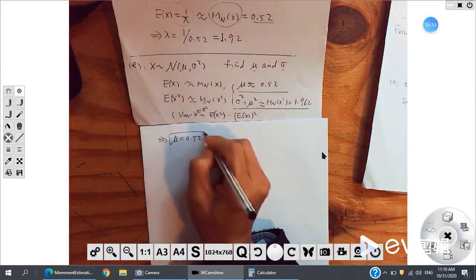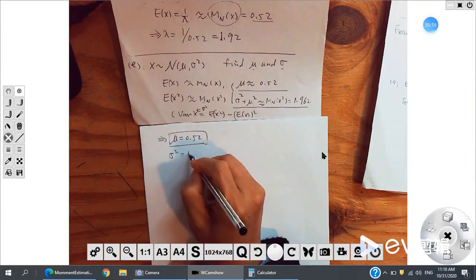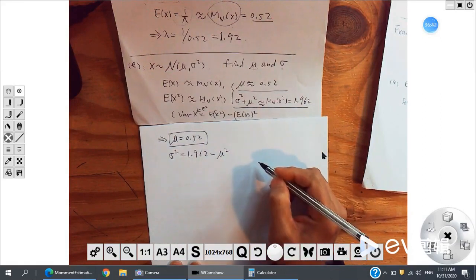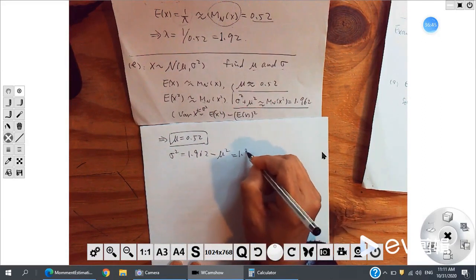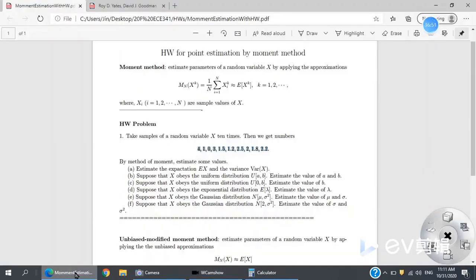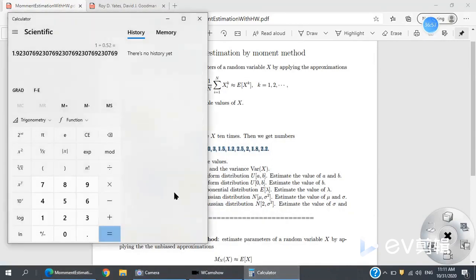This is our estimation, and sigma squared is 1.962 minus mu squared. So that is 1.962 minus the square of 0.52.